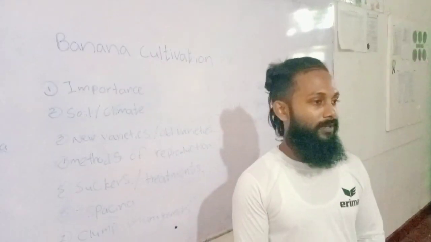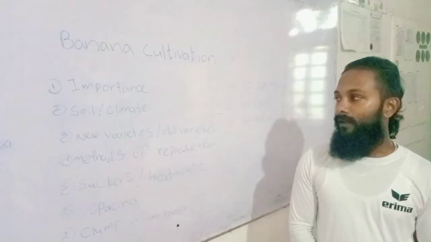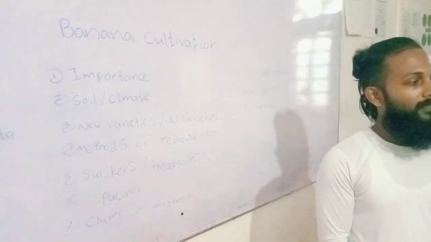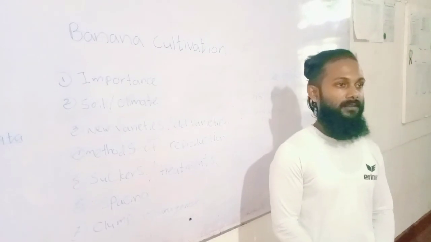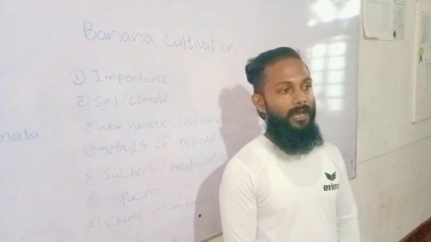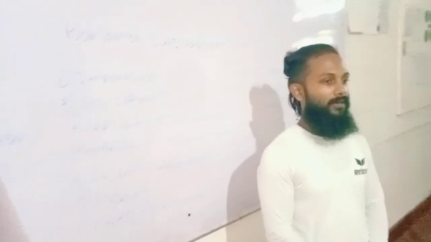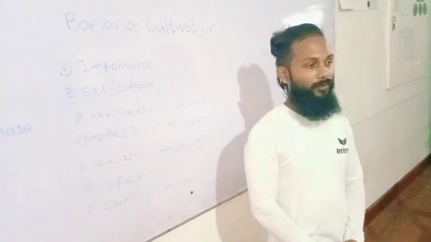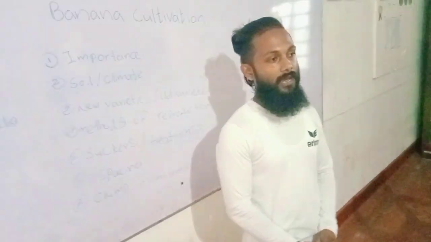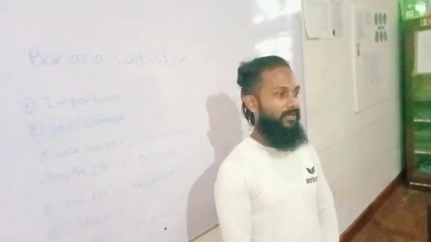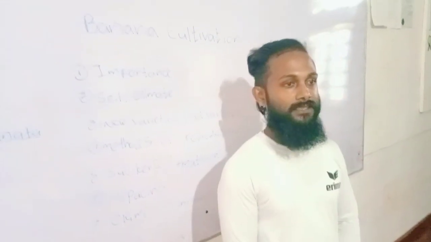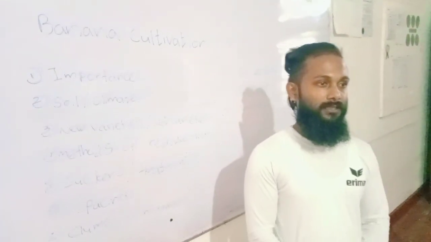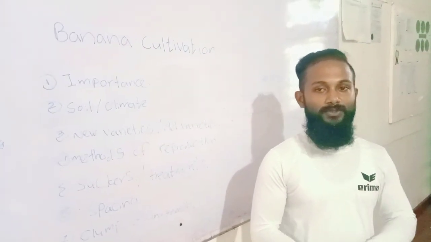For soil and climate, well drained loamy soil is very suitable for banana cultivation. Climate factors: temperature 20 to 24 Celsius, rainfall 1250 to 1900 millimeters, and elevation above sea level up to 1500 meters.